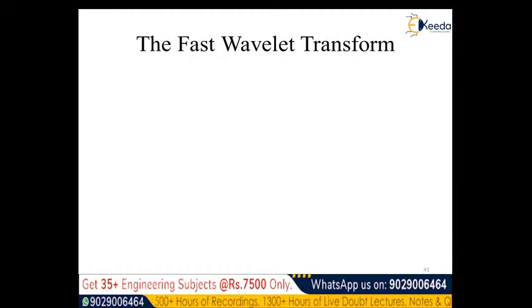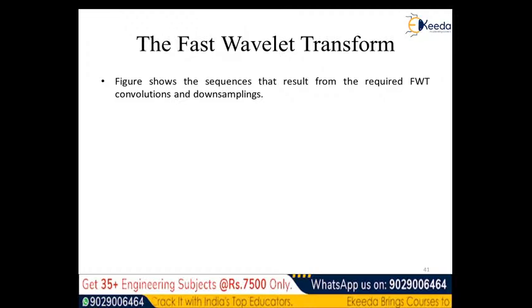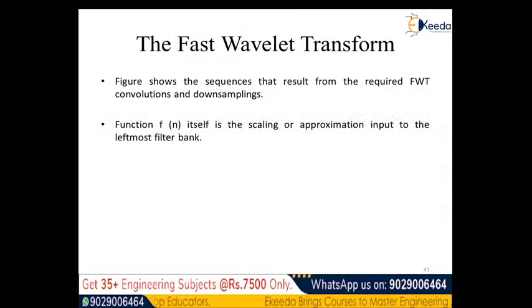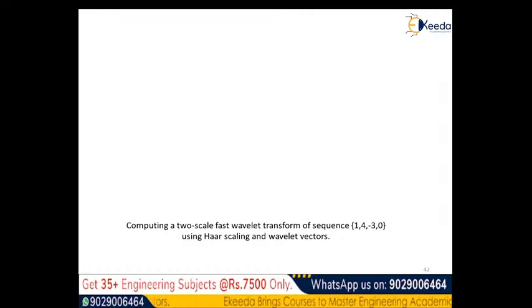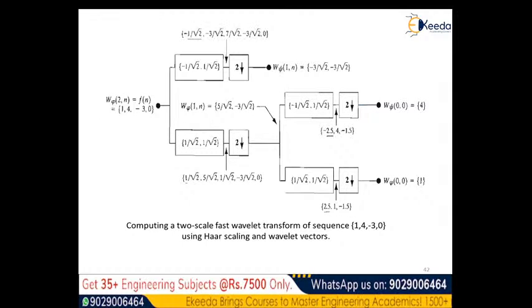Again we have a visualization in one more figure that shows the sequences that result from the required fast wavelet transform convolutions and the further downsamplings here. The function under consideration, f(n) itself, is the scaling or the approximation input to the leftmost filter bank. So here we have the illustration showing the computation of a two-scale fast wavelet transform of the sequence considered.